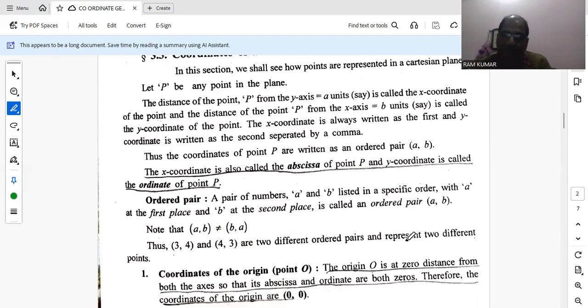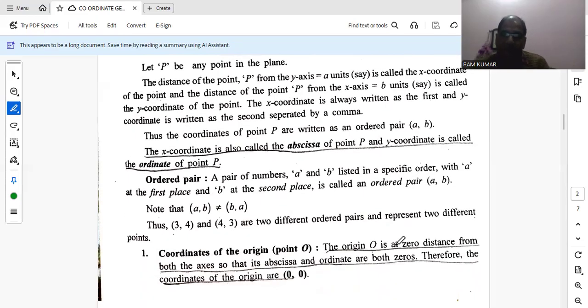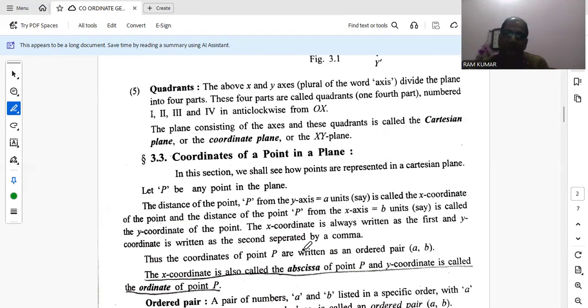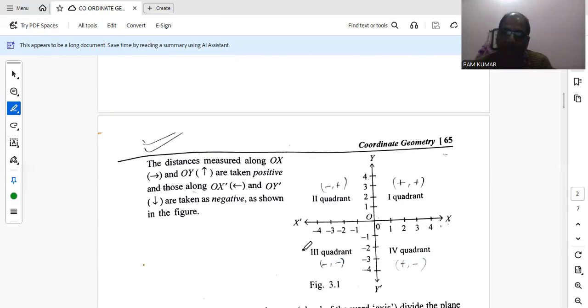Now, before the coordinates of the origin, how do we decide whether a point will lie in the first, second, third or fourth quadrant? That depends upon the nature of the coordinates of the point.